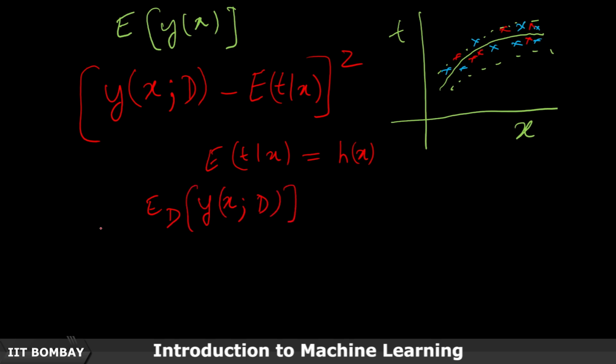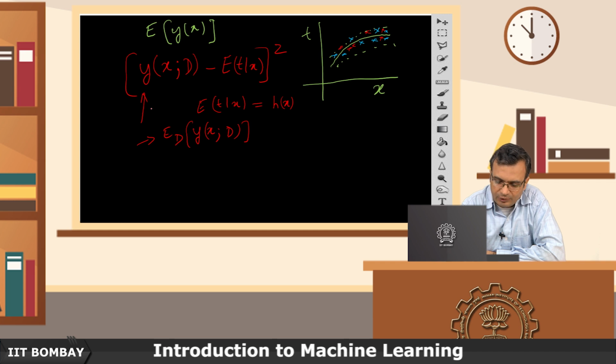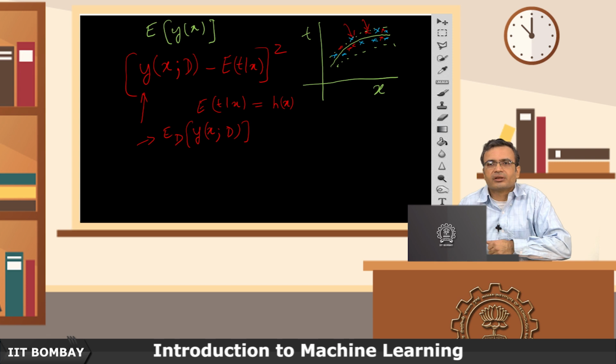This is different from the actual y. The actual y is some ideal y that we want to hit, and the second one, which is the expected value given the data, is the one that we get based on some sample, and the sample could be, for example, the red samples that you see here or the blue samples that you see here. Okay.